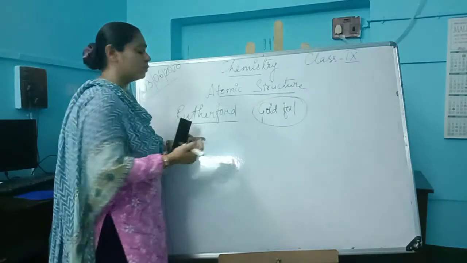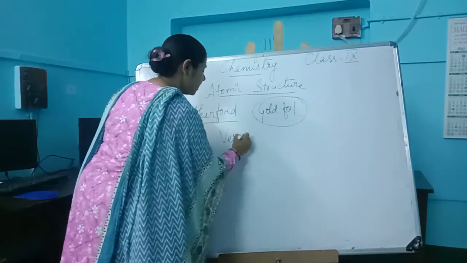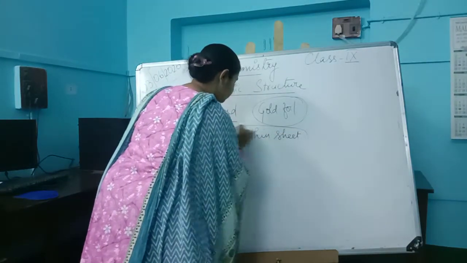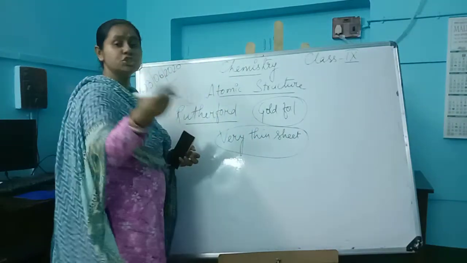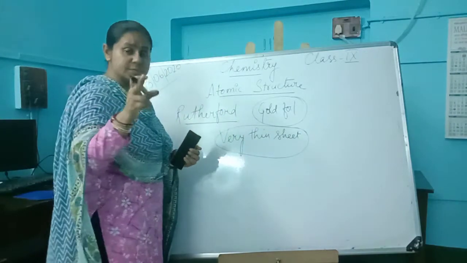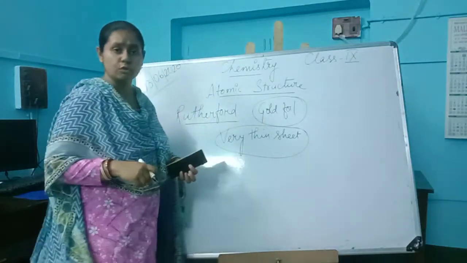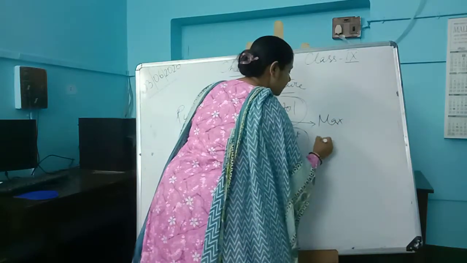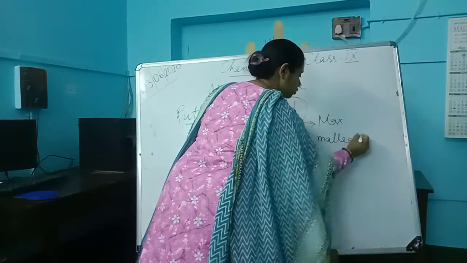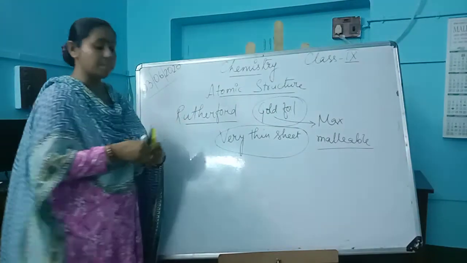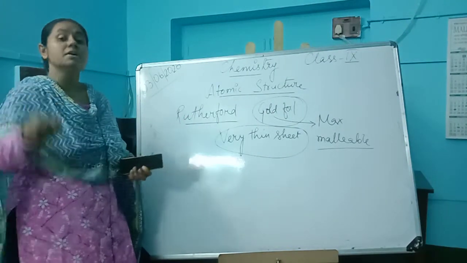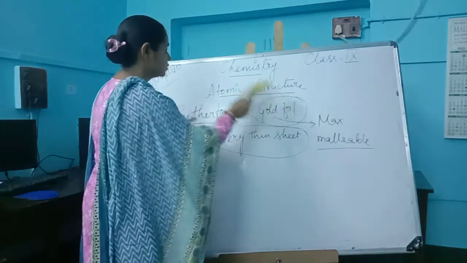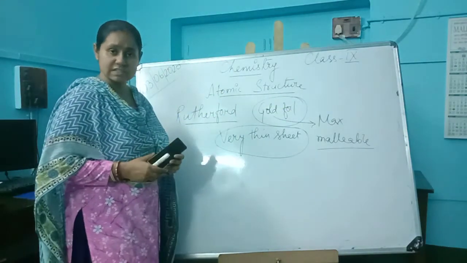Rutherford actually wanted a very thin sheet, like a paper, for his experiment, which is possible only with gold, because gold has the maximum malleable nature. Because of this, gold foil was used by Rutherford. Is it clear to you?